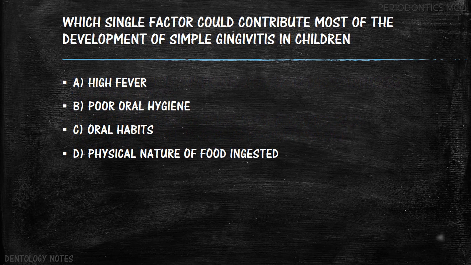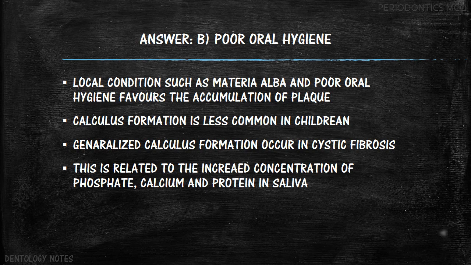Which single factor could contribute most to the development of simple gingivitis in children? A. High fever. B. Poor oral hygiene. C. Oral habits. D. Physical nature of food ingested. Answer: B. Poor oral hygiene.